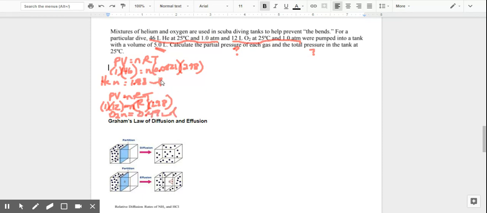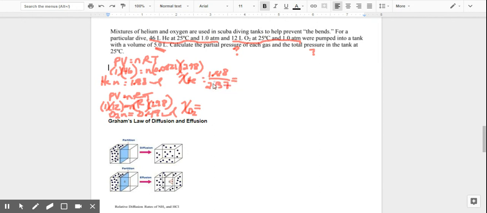Now that I have the moles of both of my species, I can figure out the mole fraction of helium, and I can also figure out the mole fraction of O2. To do that, I'm going to take the moles of helium, so 1.88, and divide by my total moles. Now, my total moles is just going to be the sum of both of those, which ends up being 2.37.